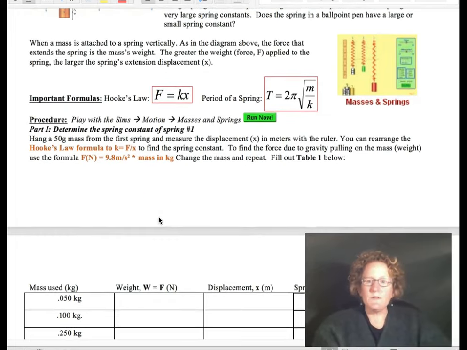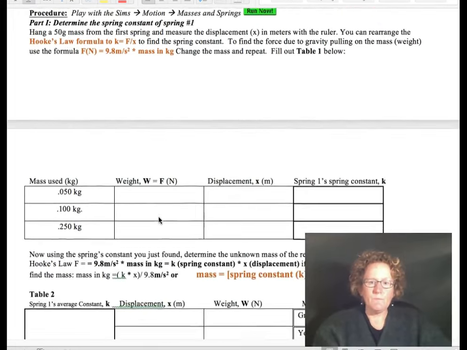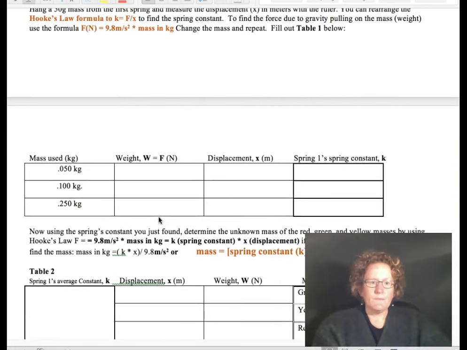So what we're going to start with is finding the spring constant of spring 1, that spring on the left, by figuring out the force in newtons, which is the weight, basically how much gravity is pulling on the mass. And I'll show you how to calculate that in just a minute.